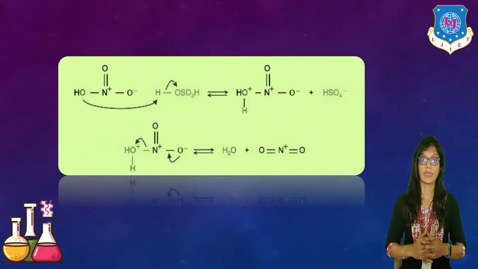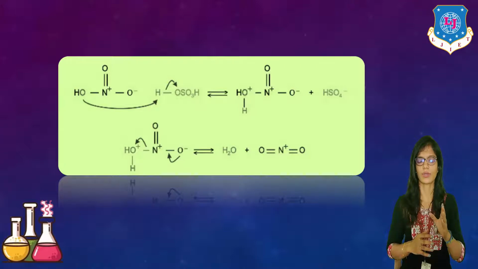As you can see in the image, we have HNO3, shown in a different way. OH attaches to N plus, so N is positively charged, O is negatively charged. One oxygen is bonded with nitrogen with a single bond, another with a double bond.